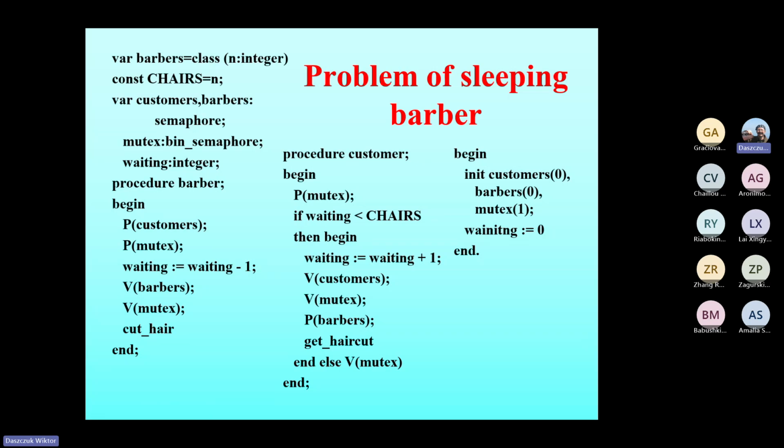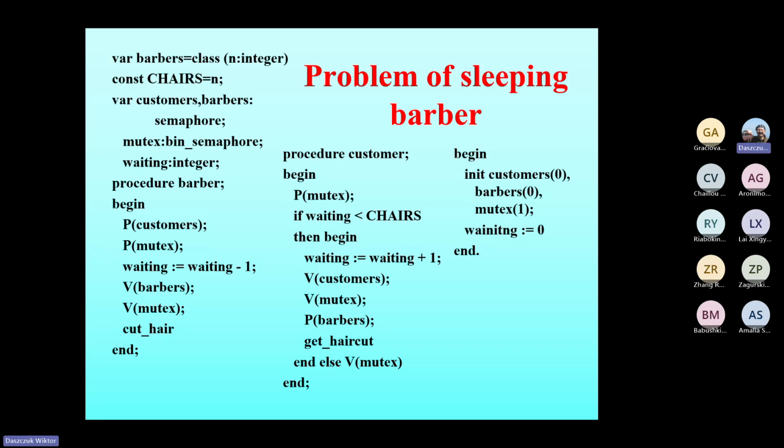Okay, so let us interpret the values of the barbers and customers variables. If barbers is greater than 0 and customers is 0, that means that barbers wait for customers. If customers is greater than 0 and barbers is 0, the clients wait for barbers.